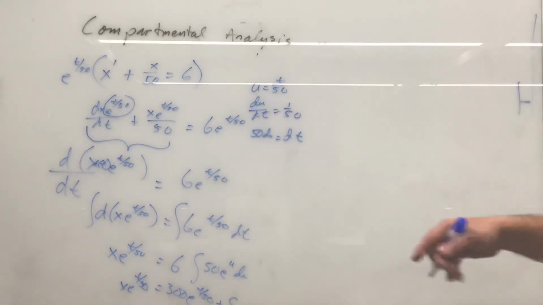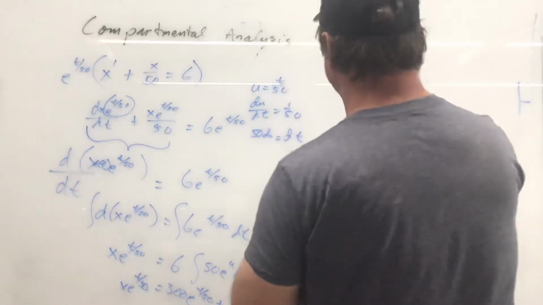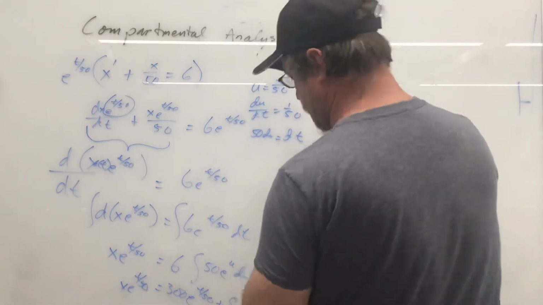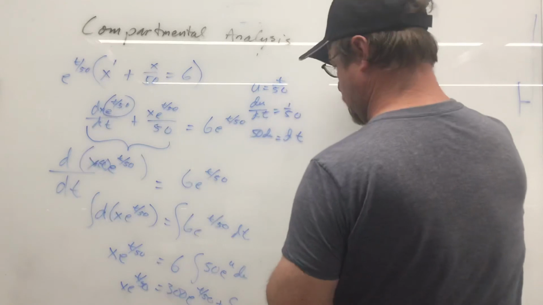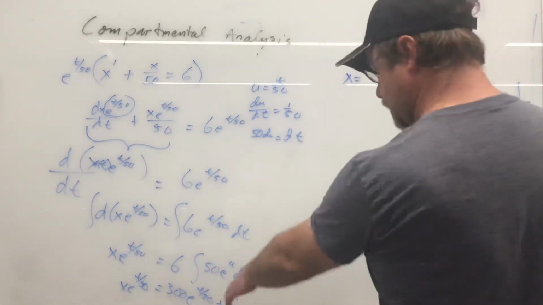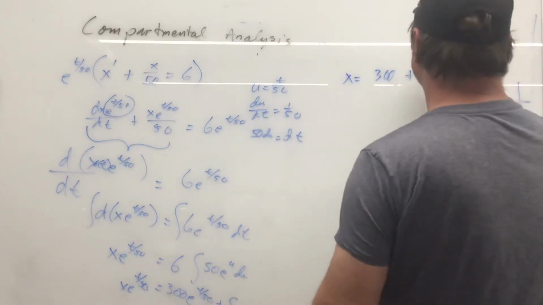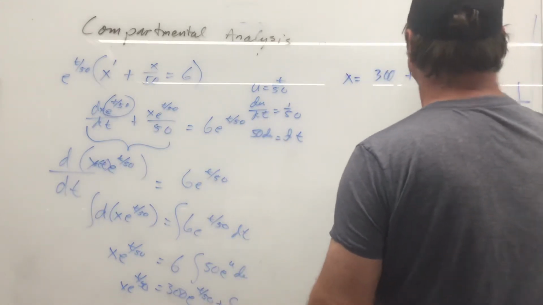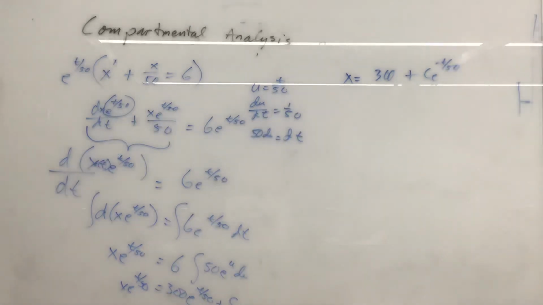And now we can take this and divide through by e to the t over 50. We'll get x equals 300, because e to the t over 50 divides out there, plus c e to the minus t over 50. And now in order to figure out what c is, we have to know something else. At time equals 0, we know how much salt was in the tank.